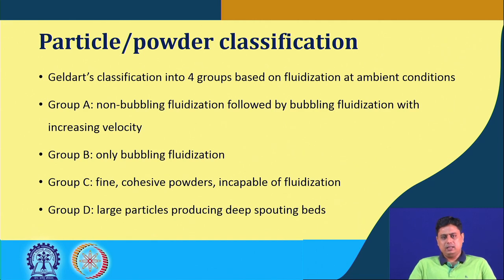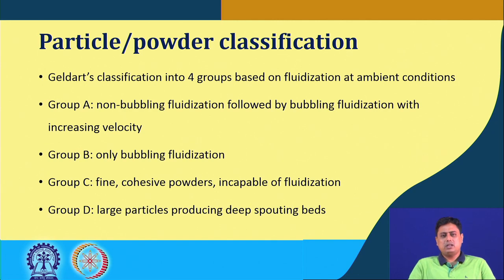Group A particles are the particles where non-bubbling fluidization happens, followed by bubbling fluidization with increasing velocity. If you remember the concept of bubbling, the boiling bed, the bubble formation, we mentioned the analogy between a boiling pool of liquid and fluidization through solid particles.